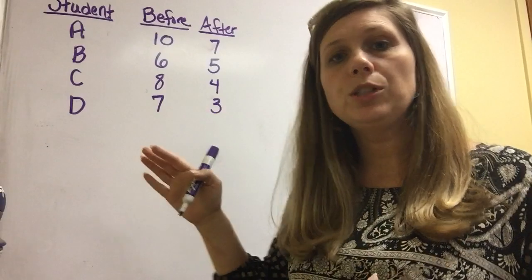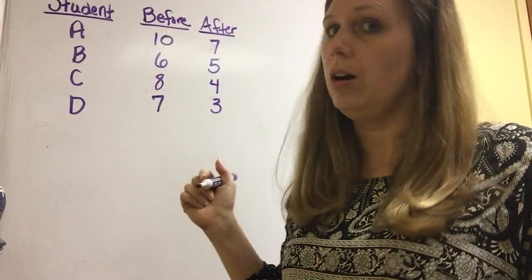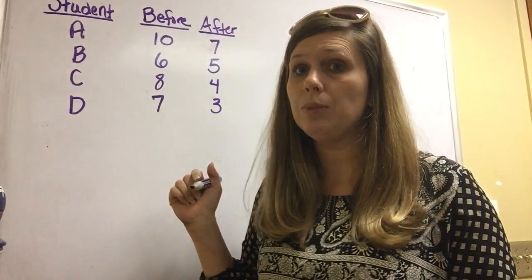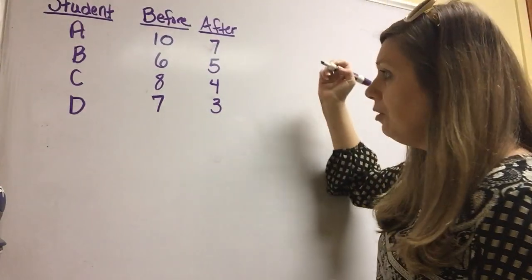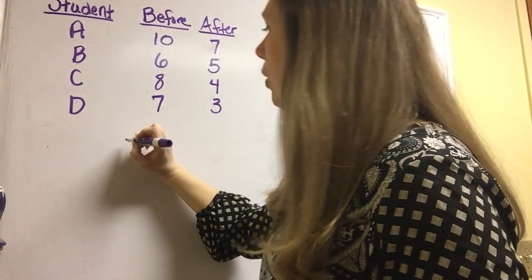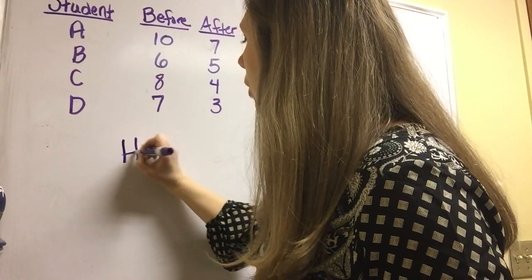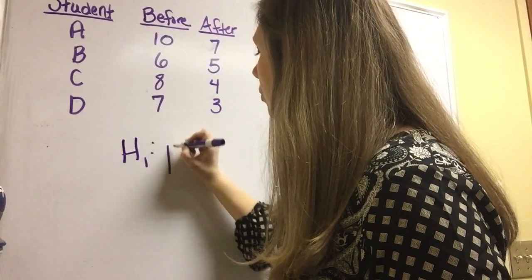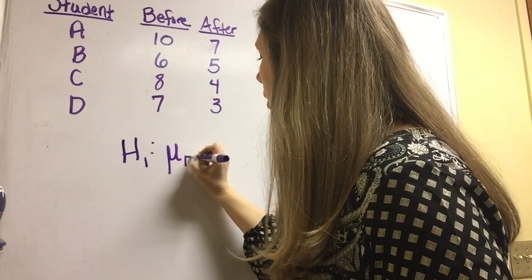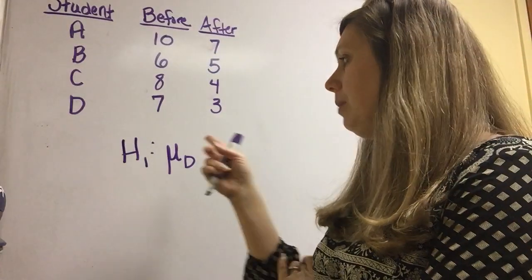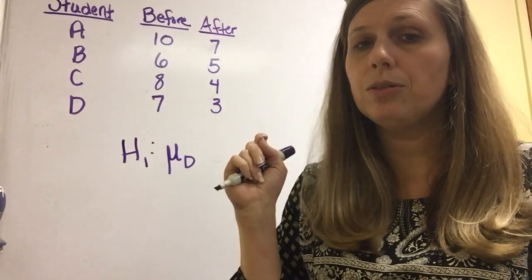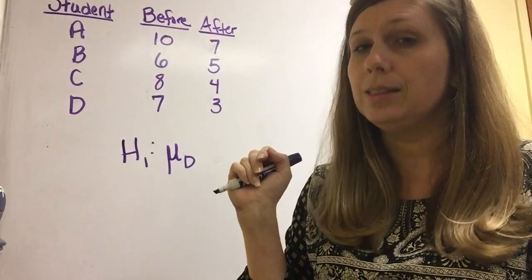Okay, so if we're starting at step 1, we really need to work on hypotheses, and this can be a little tricky here for our dependent samples t-test. If you remember, for our research hypothesis, we're working with the mean of the d-scores. And the big thing right here is I've got to figure out, am I expecting my mean of my d-scores to be greater than 0 or less than 0?